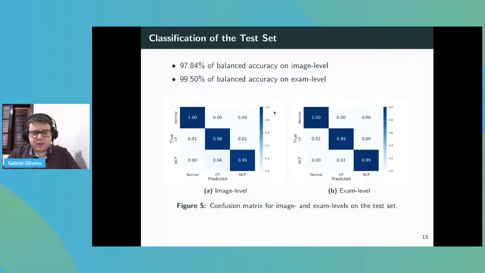Then we apply it considering the exam level diagnosis, and our method achieved 99.5% of balanced accuracy in the test set. In the confusion matrix of exam level, we can see that the false negative rate for COVID-19 is close to 0.